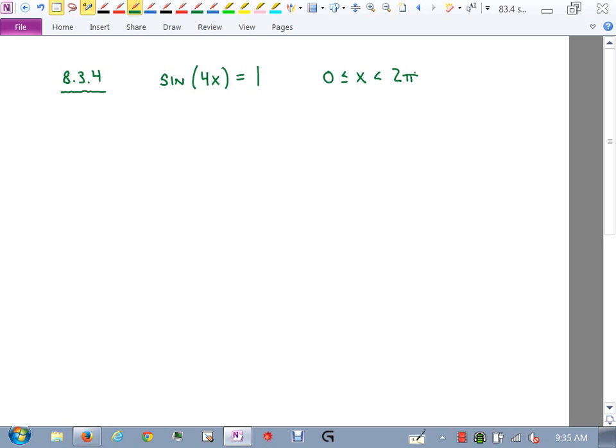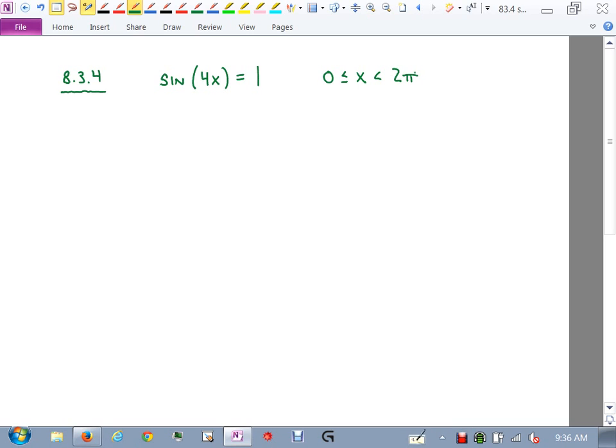Notice also that when I wrote that, I wrote 0 to 2 pi. I put a line here between the 0 and the x, and then no line under this inequality. That means if you do get an answer that's 2 pi, you're not going to include it. But if you get the answer 0, you would include it. I'm following the convention of the book. The book is using 0 to 2 pi like that a lot.